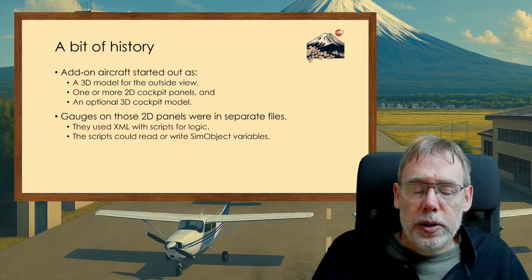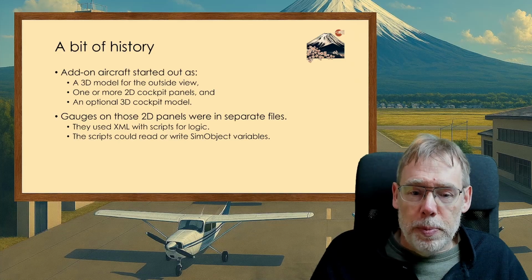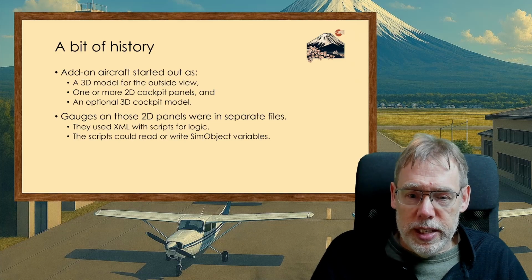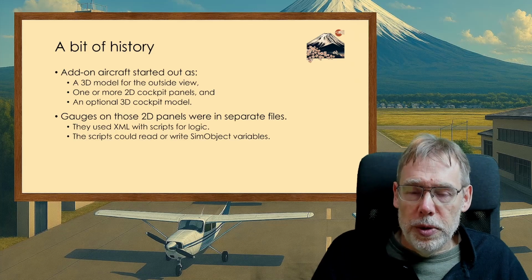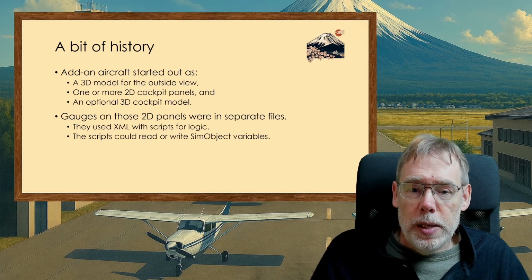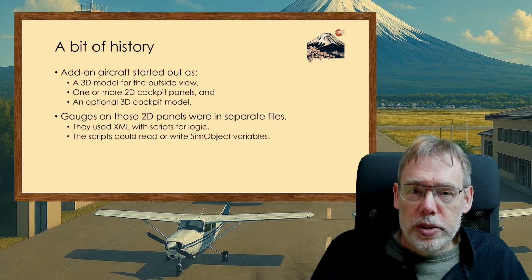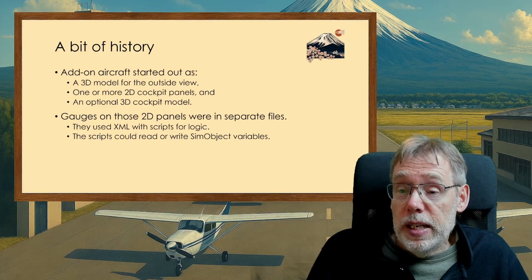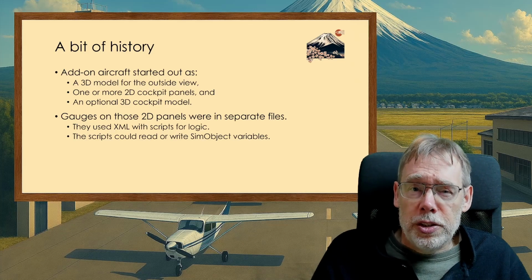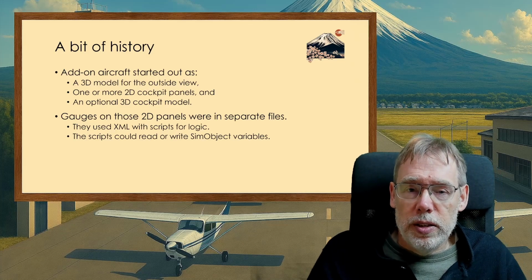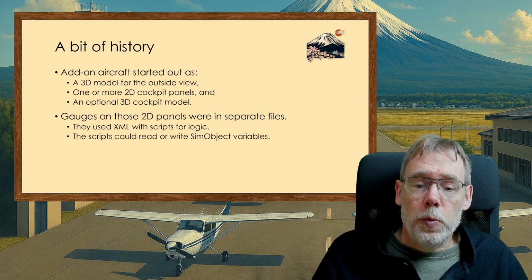That XML file would describe things like put this image here, put that image there, then use this SimObject data to determine whether this image needs to be rotated or moved, or maybe left out. And a lot of the actions in there, including those things deciding how to show it, was done with scripts.